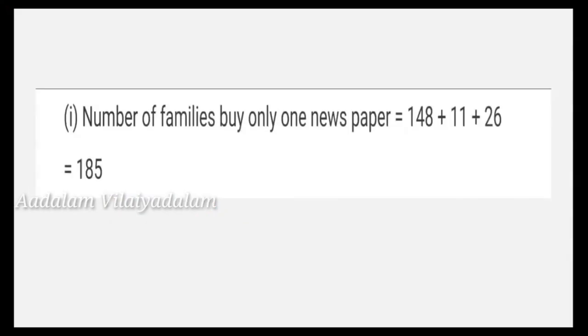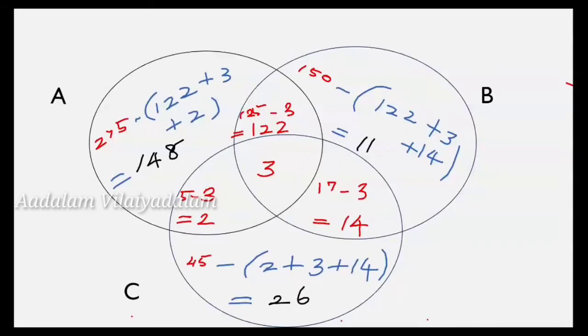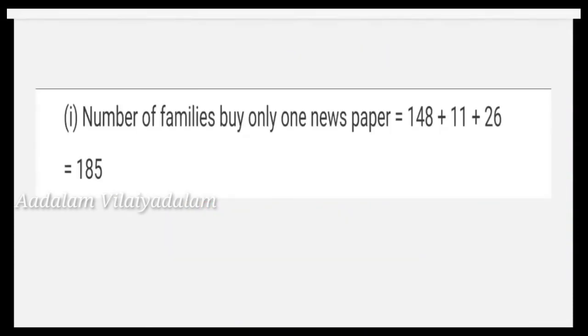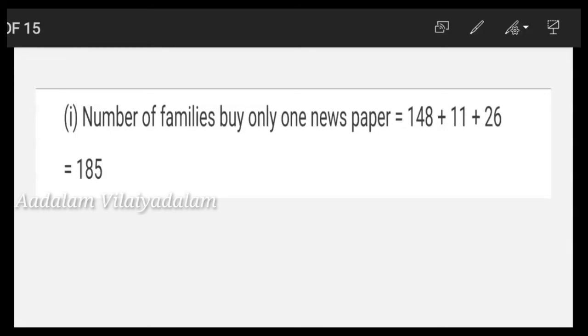Now, number of families buying only one newspaper equals 148 plus 11 plus 26. Adding all these values, we get 185 for the first subdivision.